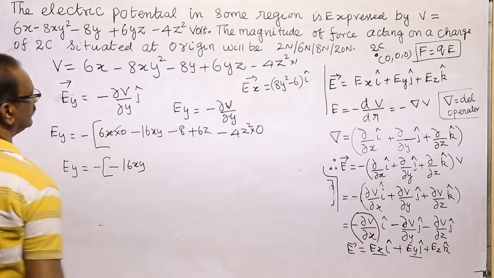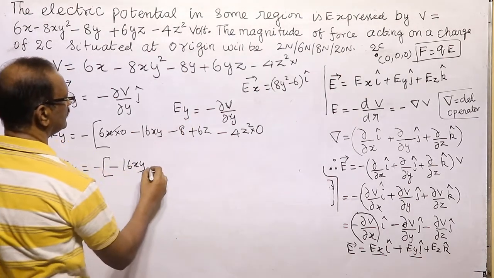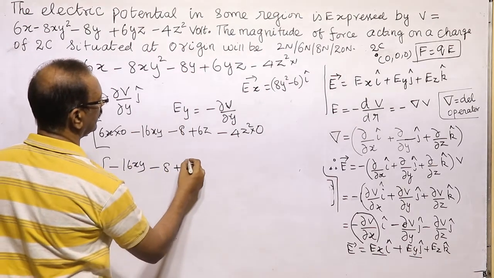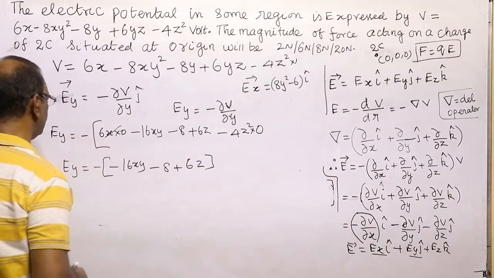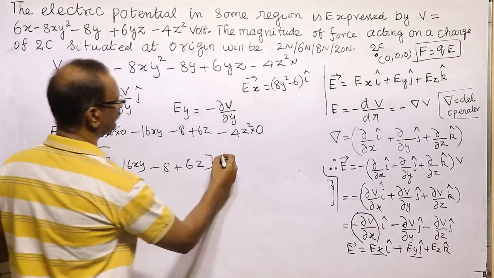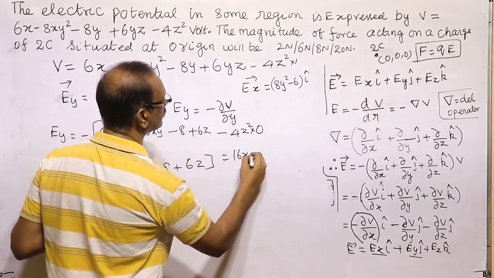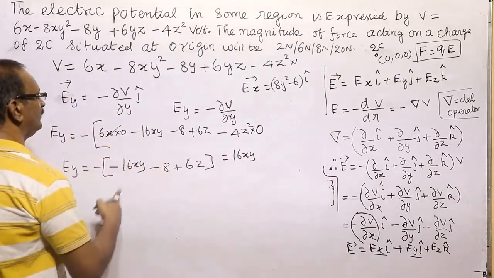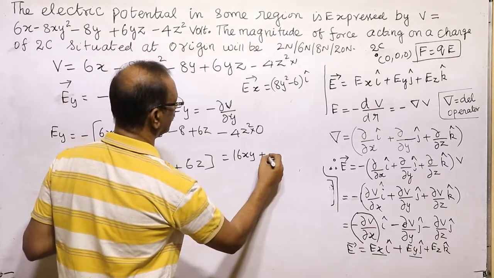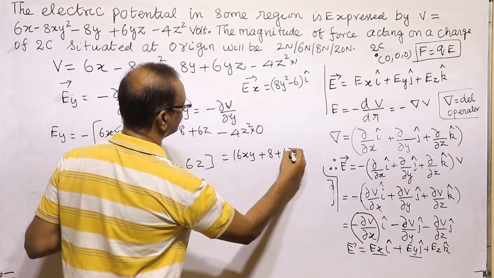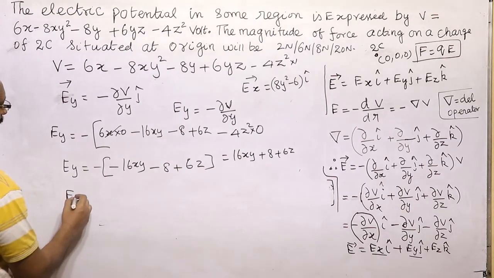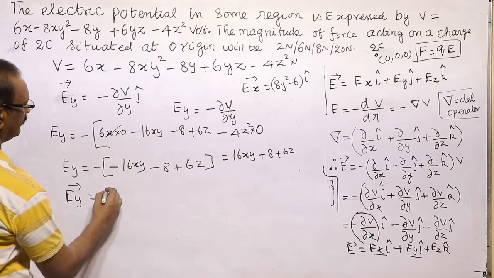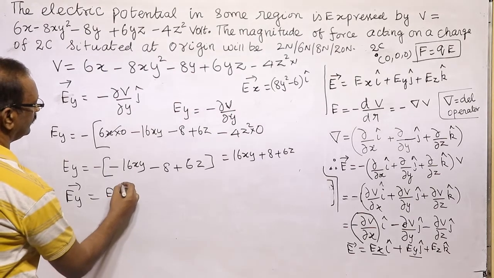Then the second term is minus 8 plus 6z. So the derivative is minus 16xy minus 8 plus 6z, and Ey is the negative of this, which is equal to 16xy plus 8 minus 6z. So this is Ex, and the Ey vector is equal to the magnitude of Ey into j cap.